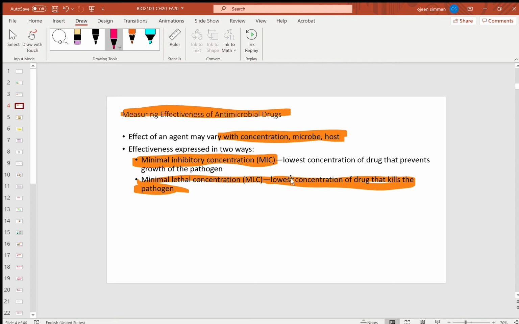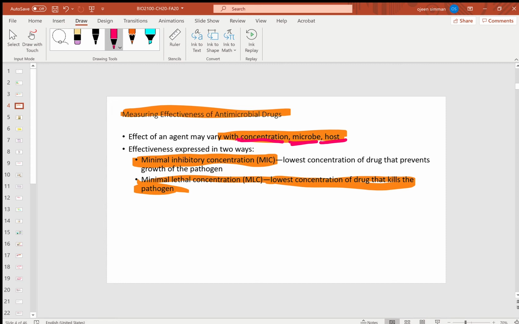How do we measure the effectiveness of an antimicrobial drug? The effect of an agent varies based on the concentration you are using, the type of microbe you are targeting, meaning is it highly resistant, intermediate, or low resistant, and also the host patient, meaning is the patient immunocompromised or immunohealthy.